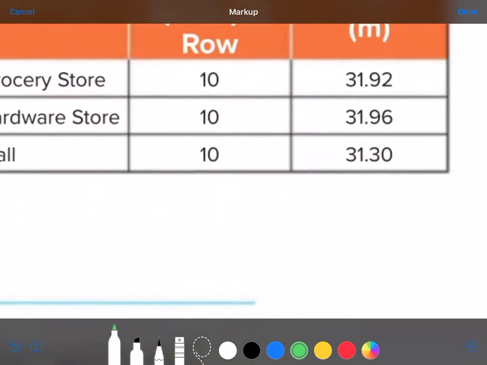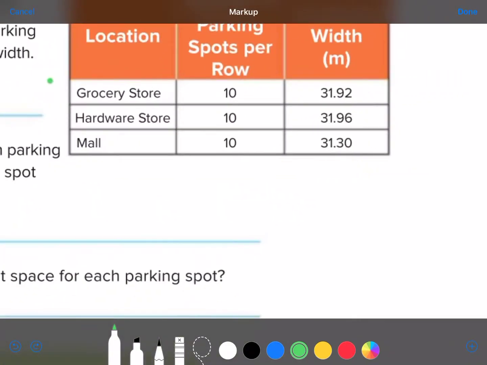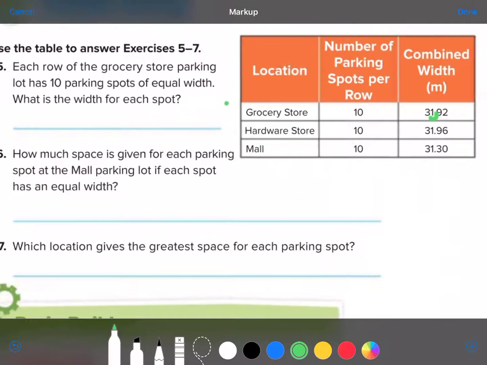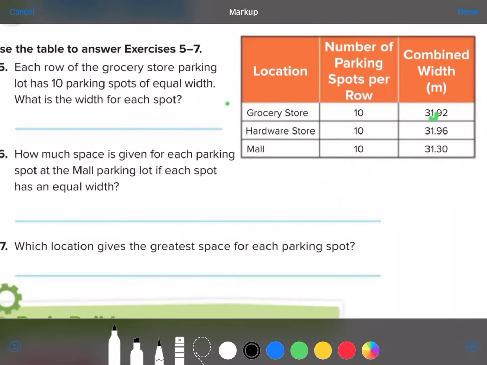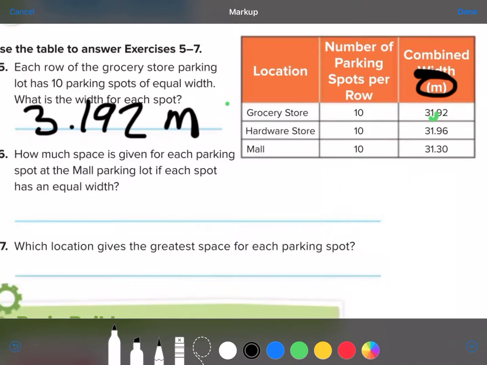And when we divide 31.92 divided by 10, that decimal goes over 1 spot. So we can write down the answer as 3.192, and we are measuring things in meters, so we just put an M there for meters.